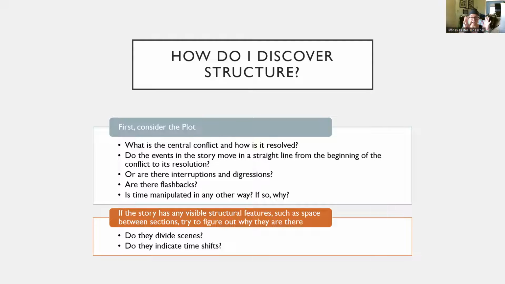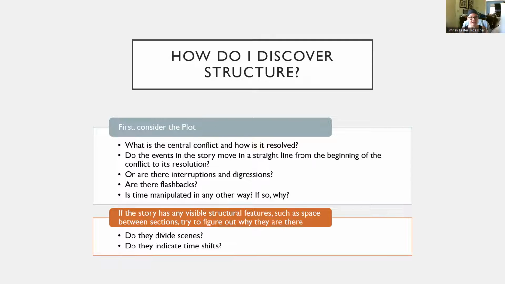If we've got this first section that we're reading and then there's a big space and the story continues, does that space represent a jump in time? Does the second section happen later, much later, right after? Is the second section happening before the events in the first section?